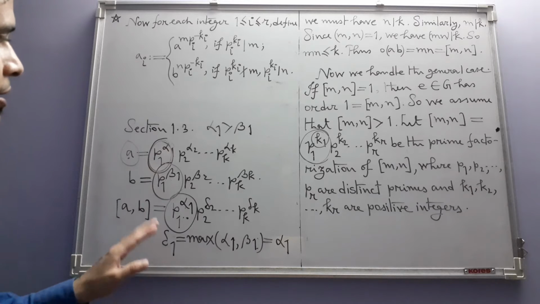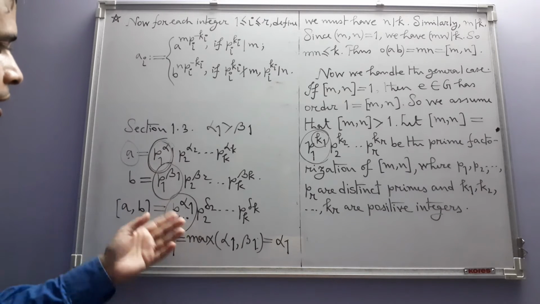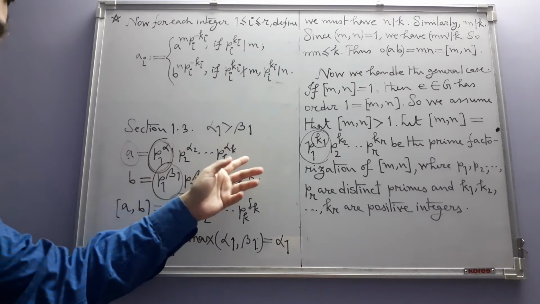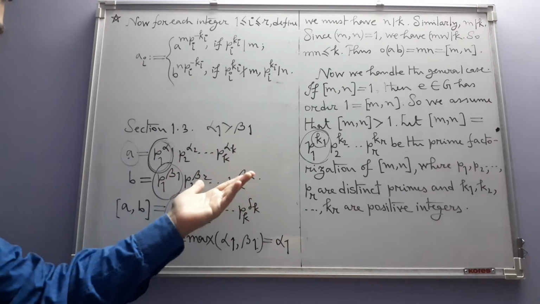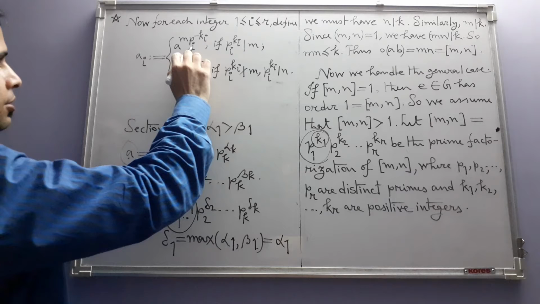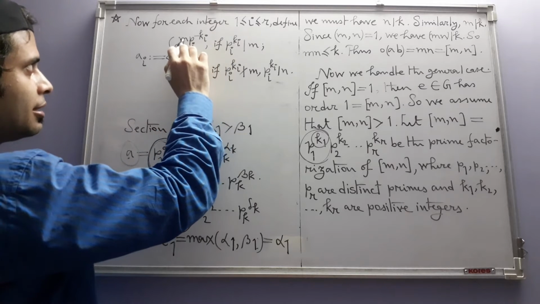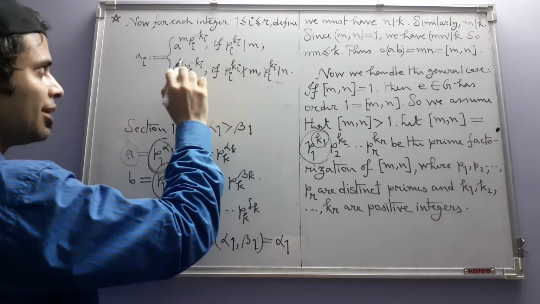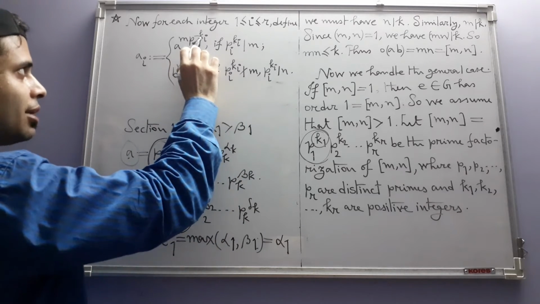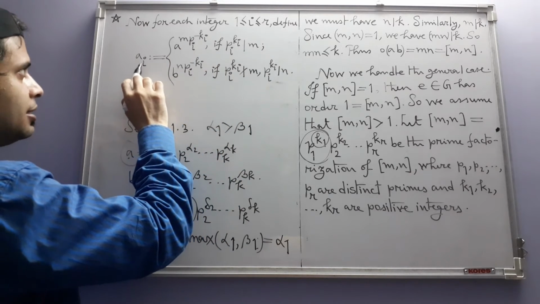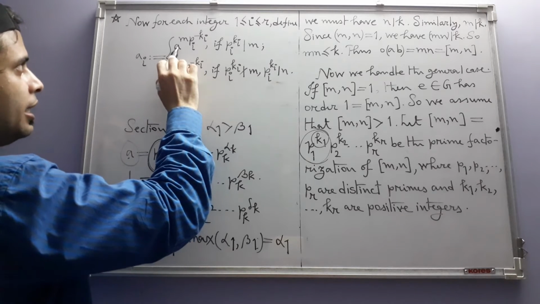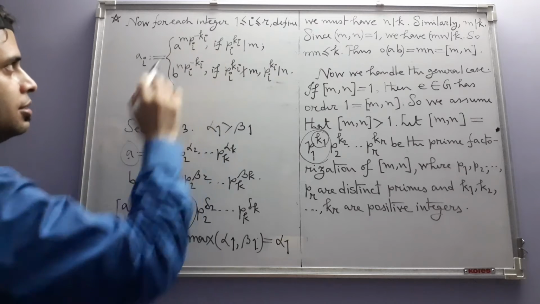So in any case, for all i, now you generalize also, what we have argued for one, it's the same thing for all the indices. So either pi to the power ki divides m or pi to the power ki divides n. So if it divides m, we are defining this new element ai to be a to the power m times this.